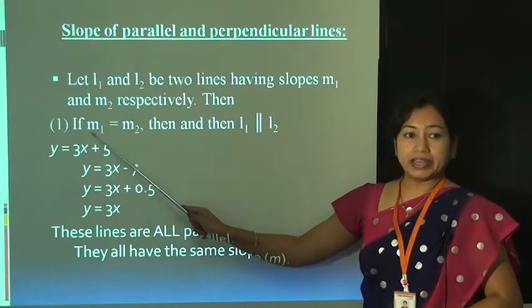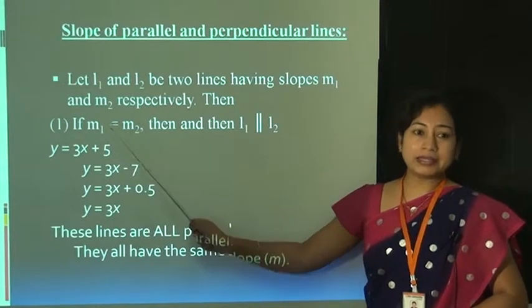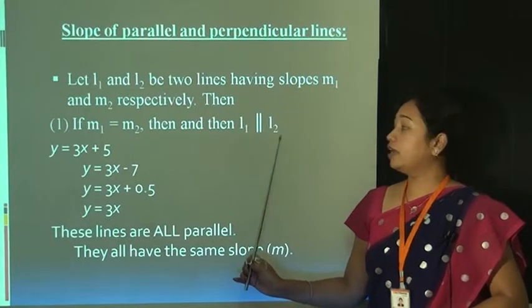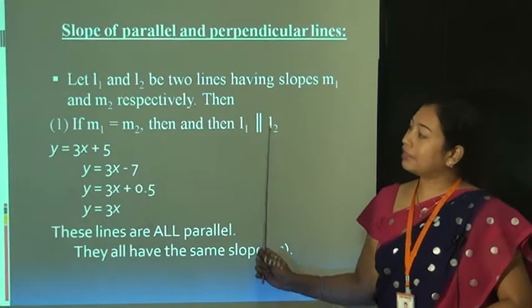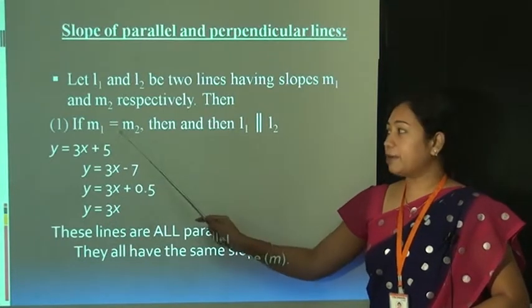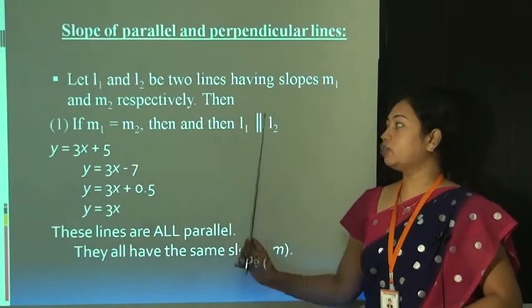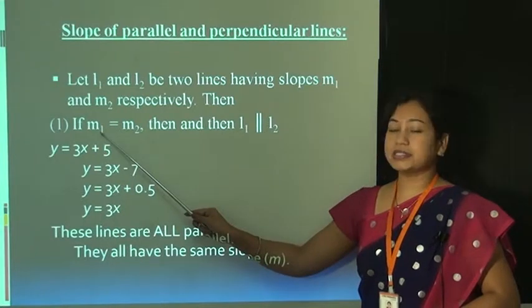Then first point, if both the slopes are equal, that means अगर दोनों line का slope equal है, then you can say that two lines are parallel. Inversely, you can also say that if two lines are parallel, then slopes are equal. इसका मतलब ये statement दोनों तरीके से सही है. अगर slope equal है तो line parallel होगी या फिर line parallel है तो दोनों line का slope क्या होगा?